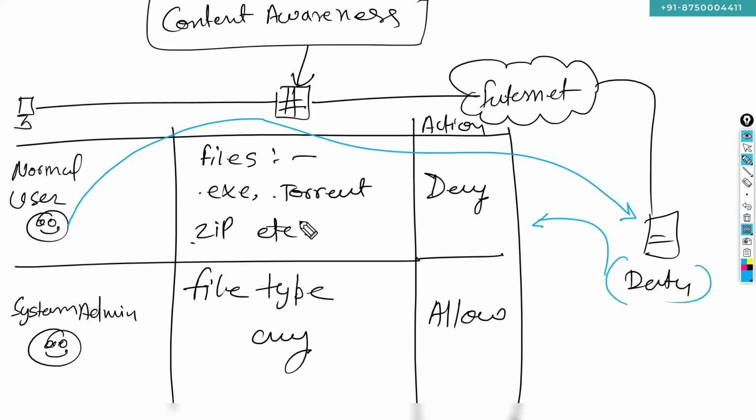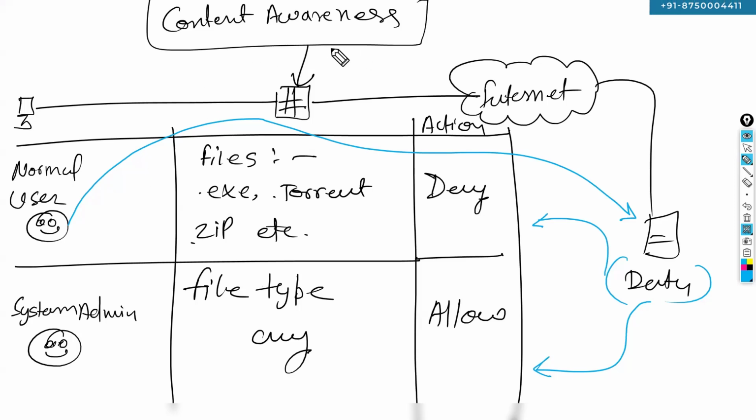So the normal user will not be able to download certain types of file format, but the system admin can download any kind of file. So with the help of content awareness, we can control which kind of content, which kind of data the user is trying to download. We can deny that and we can allow that.